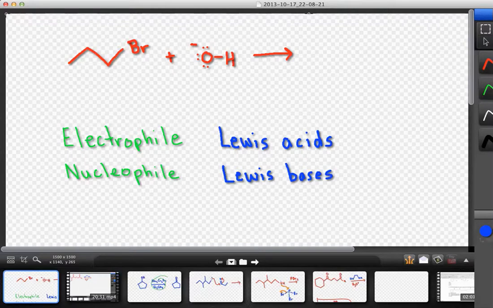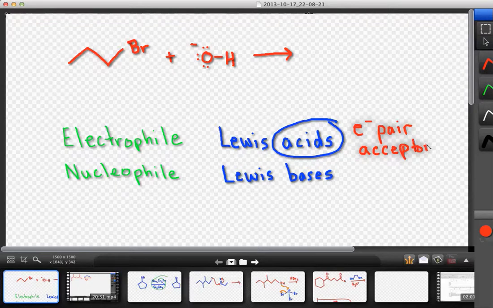Recall that a Lewis acid is going to be an electron pair acceptor, while a Lewis base is going to be an electron pair donor.